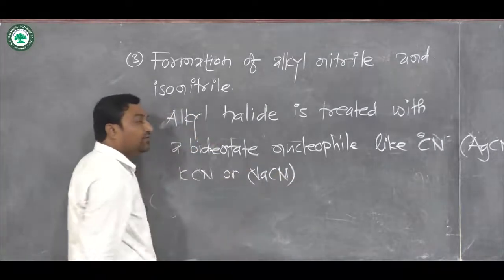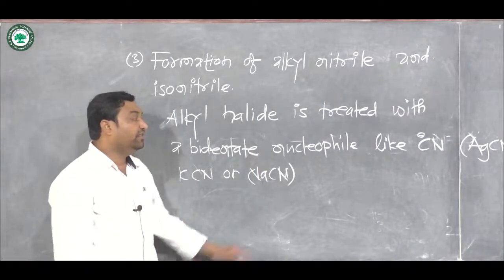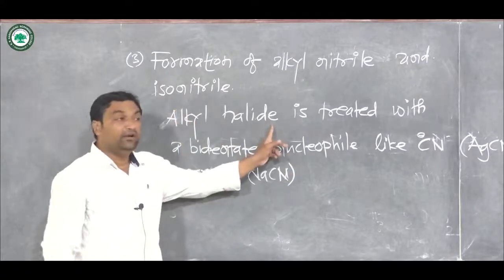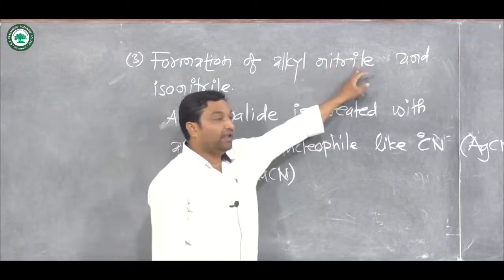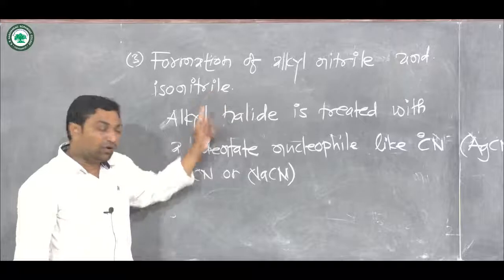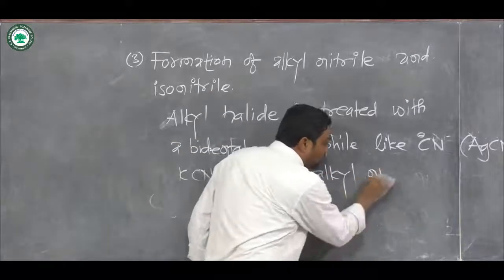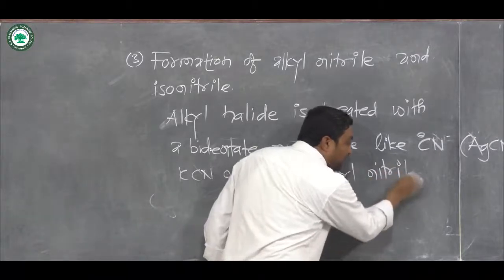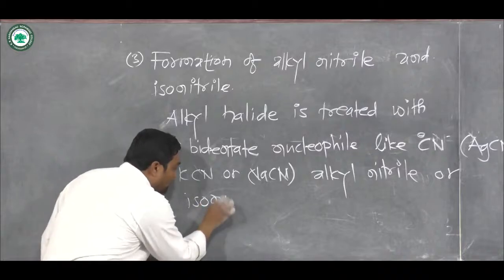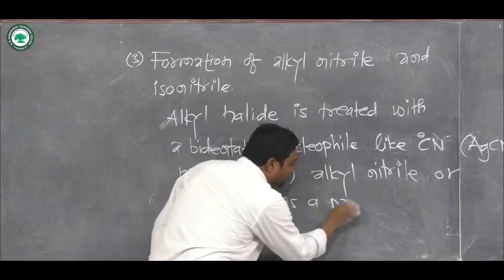Out of these three, which one will be used as a bidentate nucleophile? When this bidentate nucleophile is treated with alkyl halide, we will obtain alkyl nitrile or alkyl isonitrile as a product.